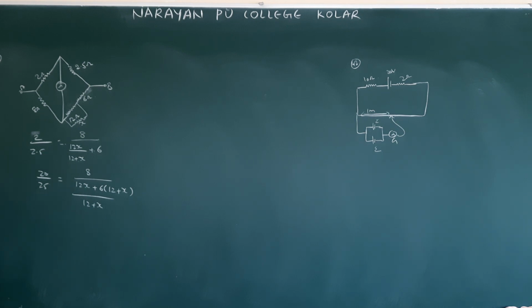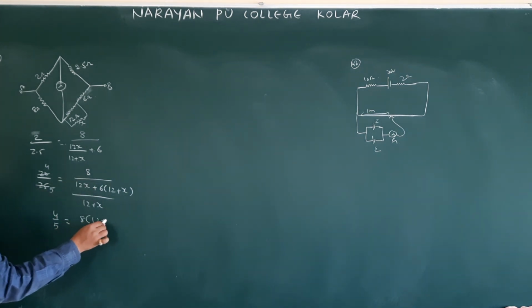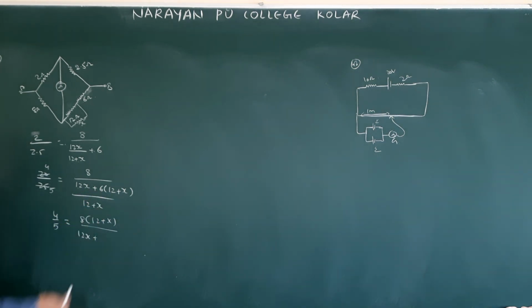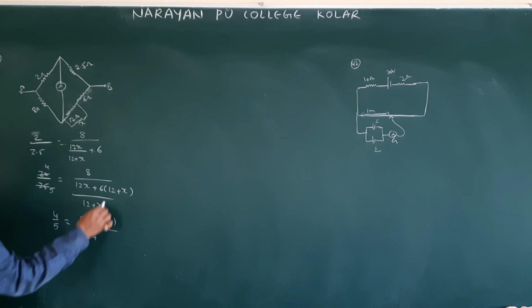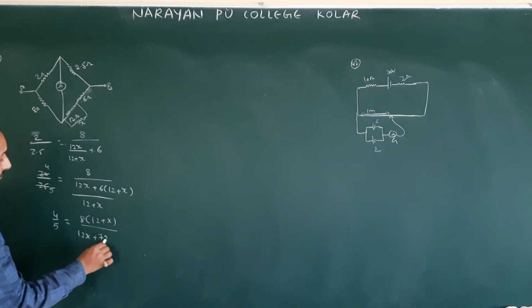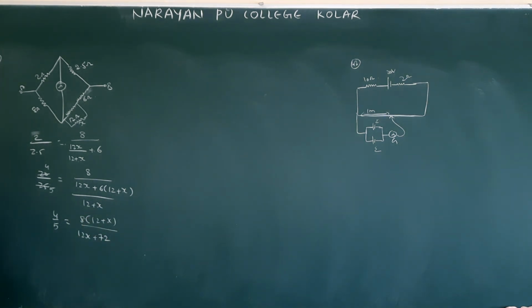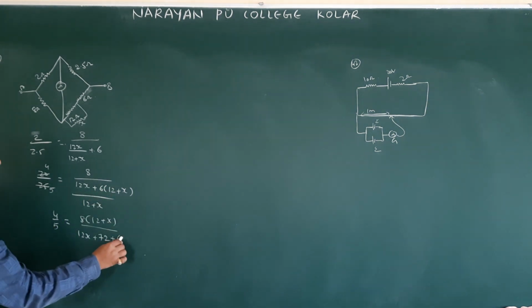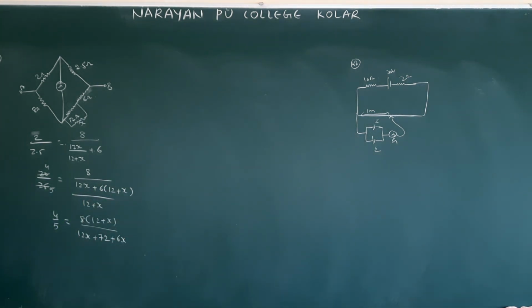R1 R2 by R1 plus R2. So 4 by 5 is equal to 8 into (12 plus x) by (12x plus 6 into 12). 6 twos are 12, 6 twelves are 72, plus 6x, isn't it?